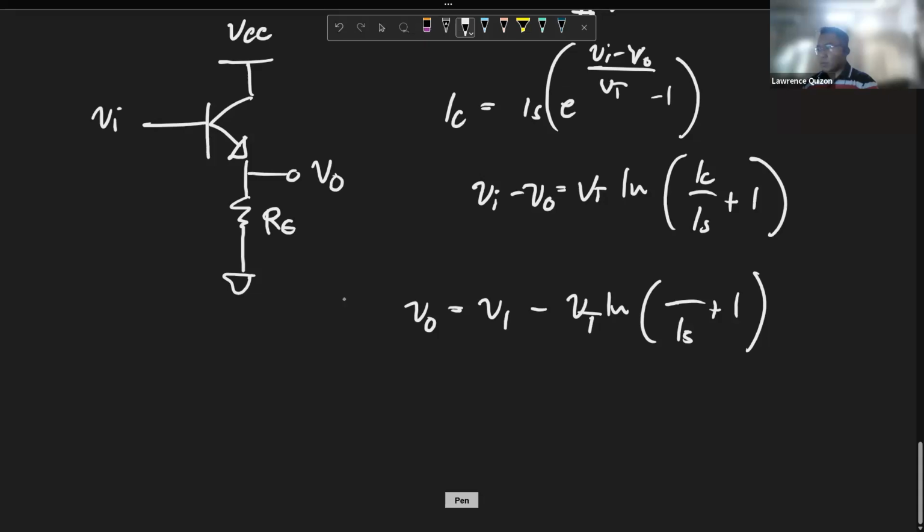What we can do is V out over RE, which is IE times alpha, no? So let's say IC muna to. And we know that IE is equal to alpha IC. Alpha IE is equal to IC.